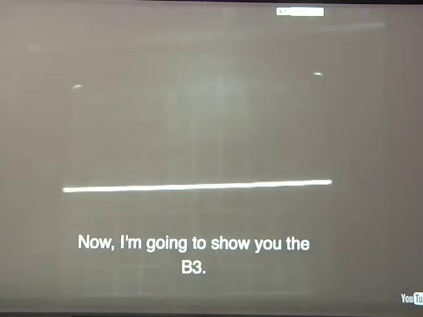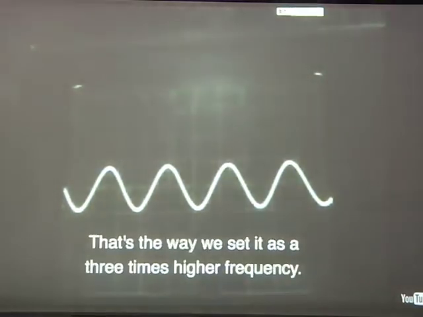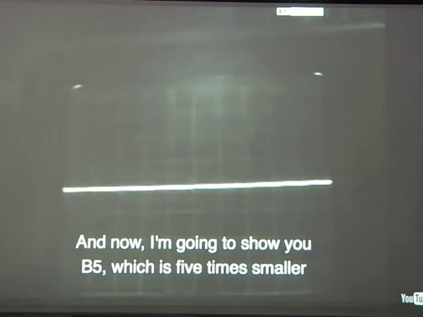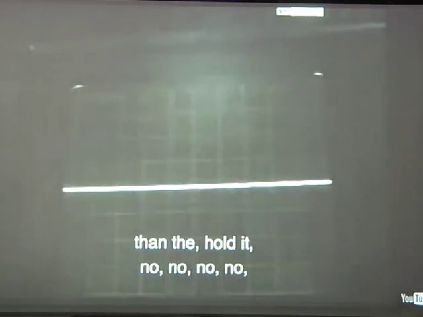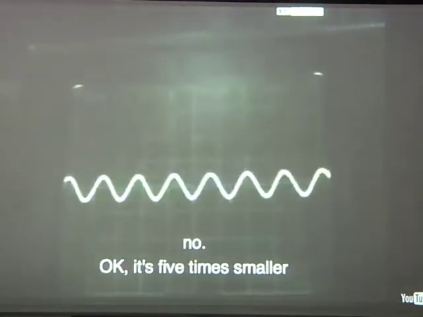Now I'm going to show you the B3. Notice it is 3 times smaller in amplitude. That's the way we set it. And it has a 3 times higher frequency. And now I'm going to show you B5, which is 5 times smaller than B1.